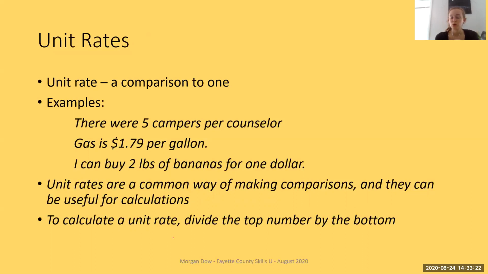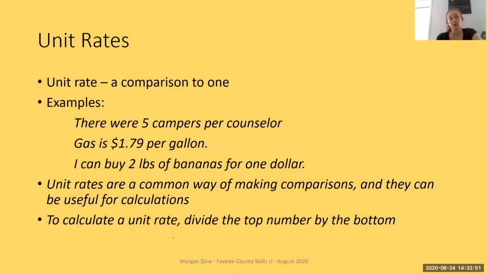Example 2, gas is $1.79 per gallon, right? So per 1 single gallon. I can buy 2 pounds of bananas for $1, right? 2 pounds for $1. Unit rates are a common way of making comparisons, and they can be useful for calculations. They're especially useful if you are trying to compare prices or find the best deal for something.